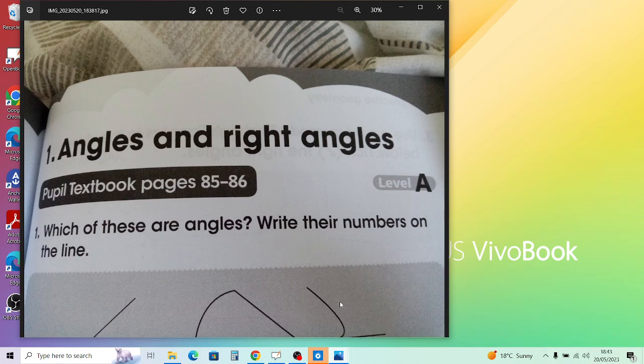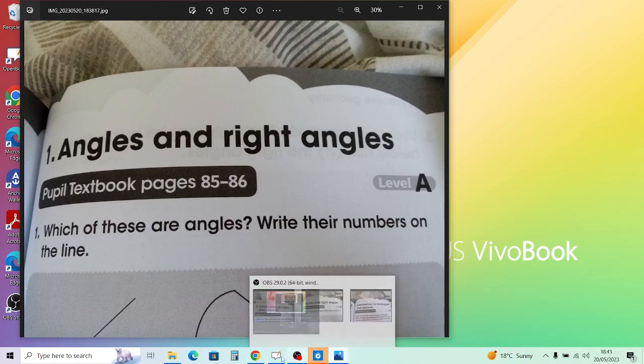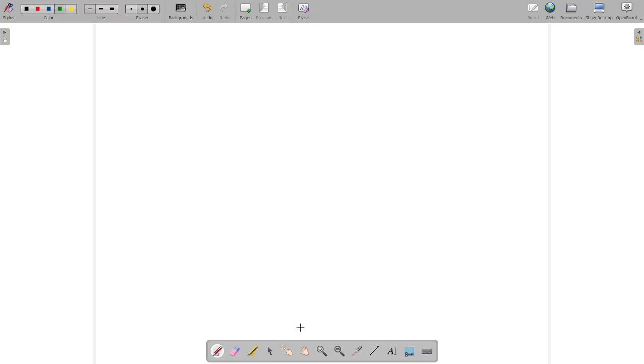Question 1 is which of these angles are angles? Write their numbers on the line. So for this, essentially what you need to remember is that for there to be an angle in this concept, you need to have two straight lines.